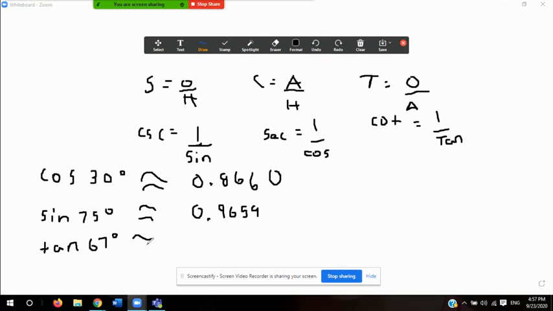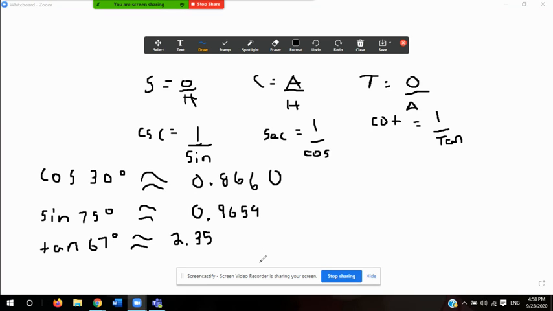I don't know if that varies in cell phones as well, but I do know for a fact that some calculators it does. So when I find the tangent of 67, I get 2.3558, and after that last 8 I have a 5.